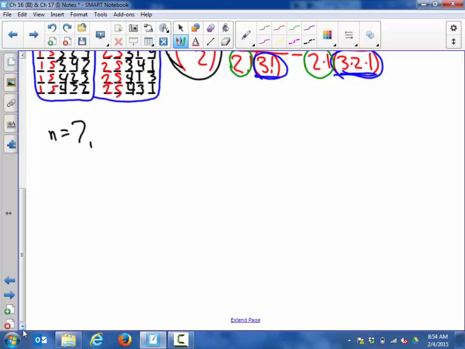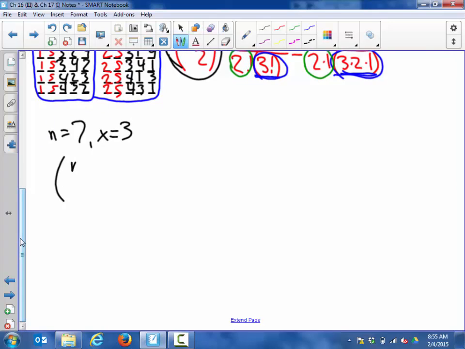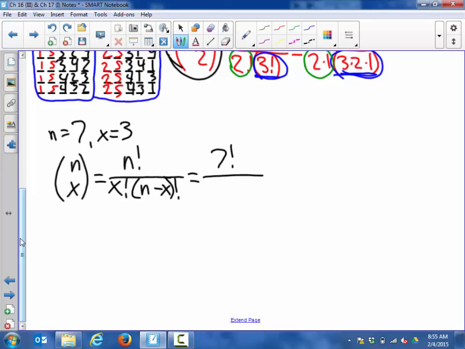Let's say we've got n equal to 7, and I want the number of ways I can choose x to be 3 objects. Okay? So what this combinatorics piece would do, in parentheses, if it's n choose x, it says, well, your numerator is just n factorial. Your denominator would be x factorial on bottom times n minus x factorial.